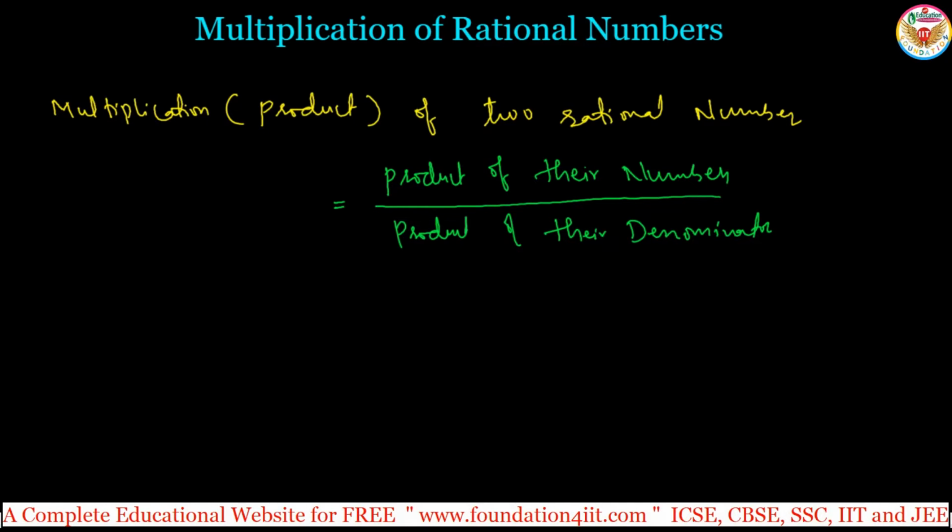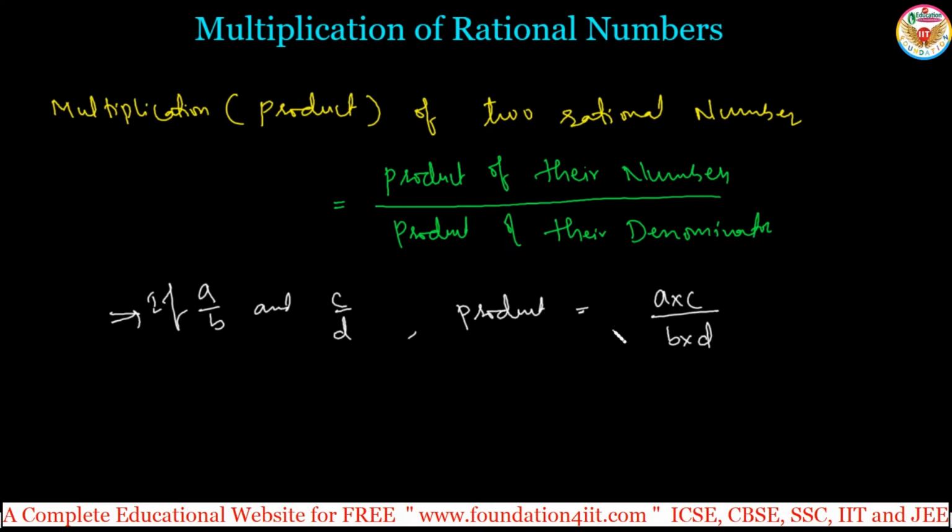So this rule we can apply to multiply any two rational numbers. Simple. If a by b and c by d are the two rational numbers and you want to multiply them, then the product is a into c by b into d.